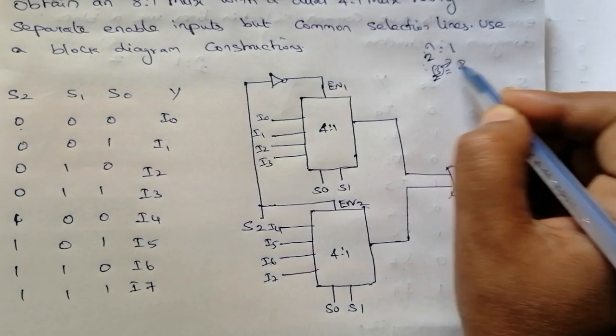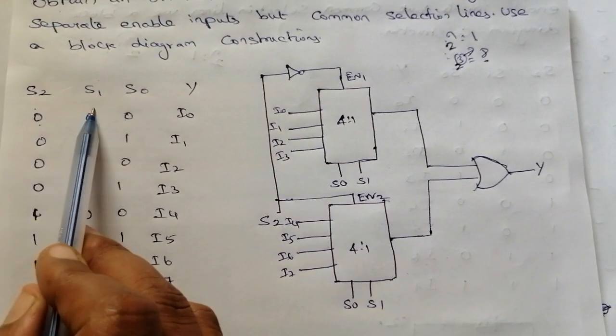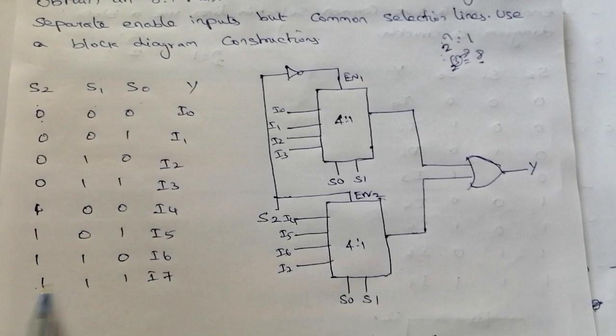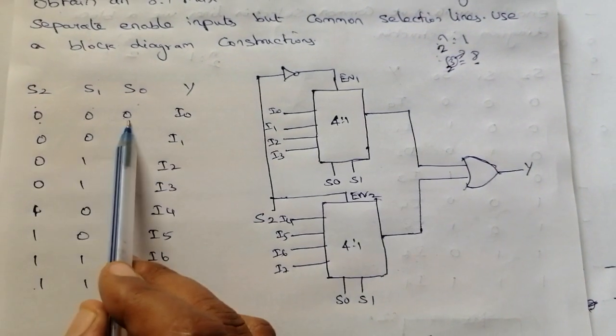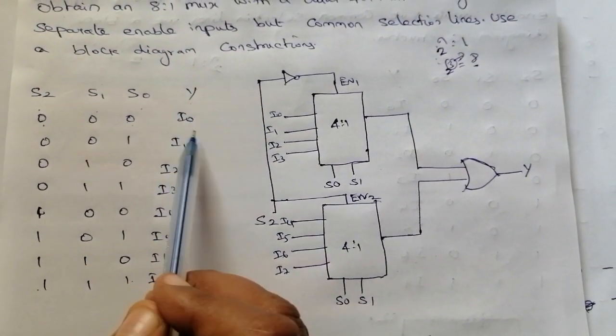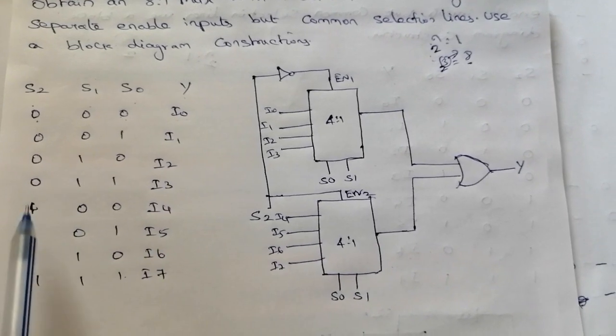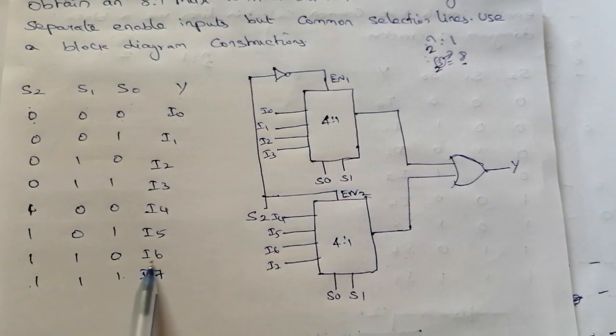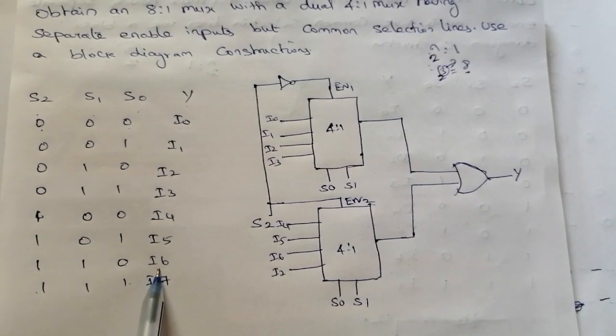The 3 selection lines are S2, S1, S0. It provides 8 possibilities from 0, 0, 0 to 1, 1, 1. If the selection lines are 0, 0, 0, then the output will be input I0. Likewise, if the selection lines are 1, 1, 0, the output will be the I6 input line, right?